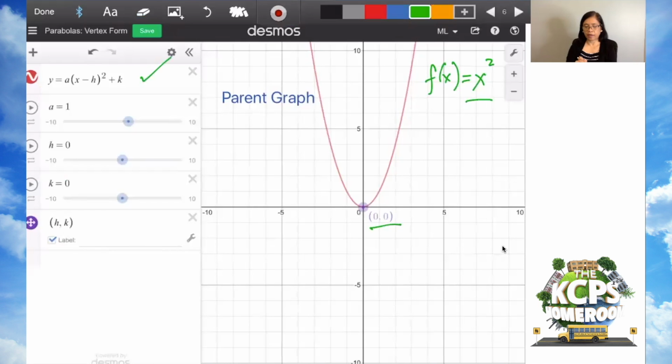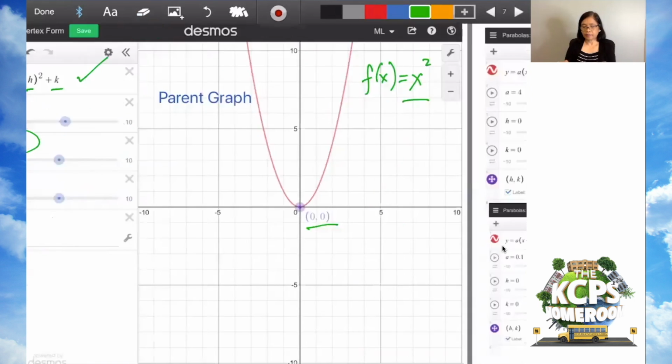You have a, h, and k here. Our value for a is 1, h is 0, and k is 0. We are going to change the values of a, h, and k and figure out what transformation occurs. This is our parent function again.